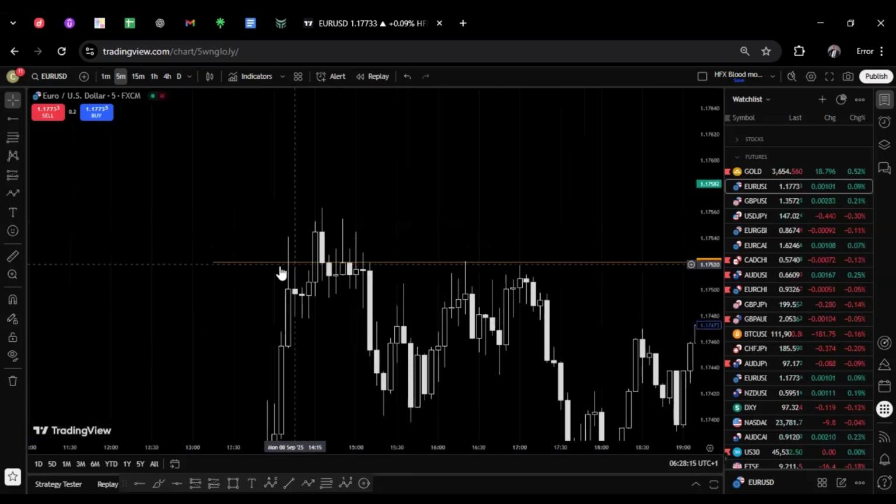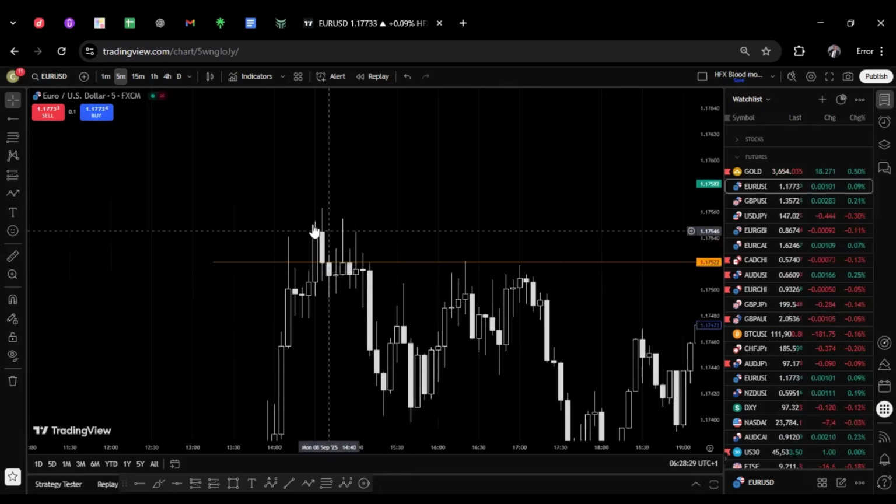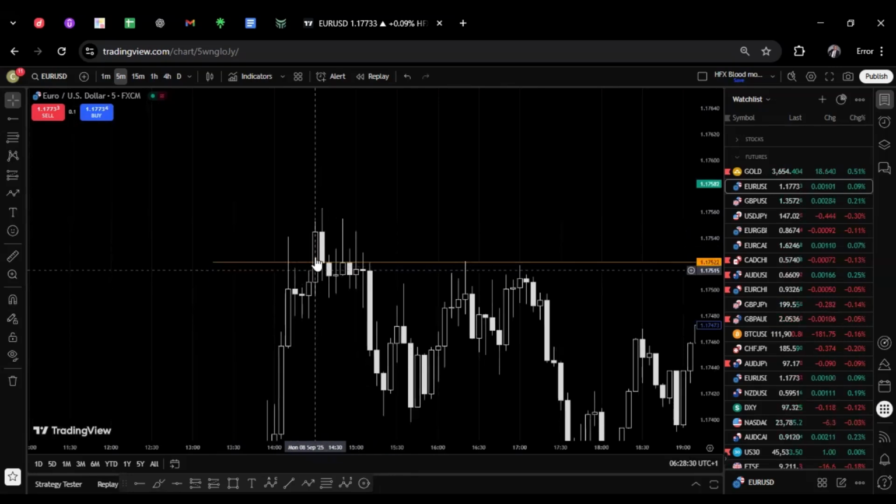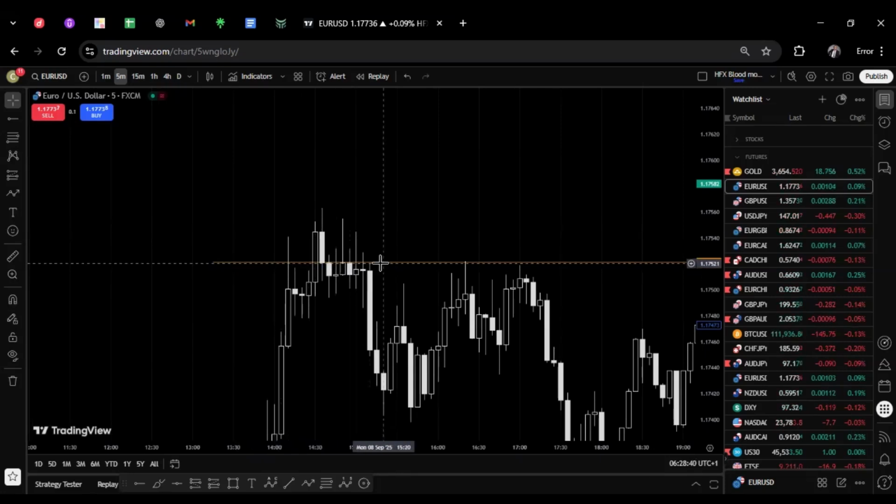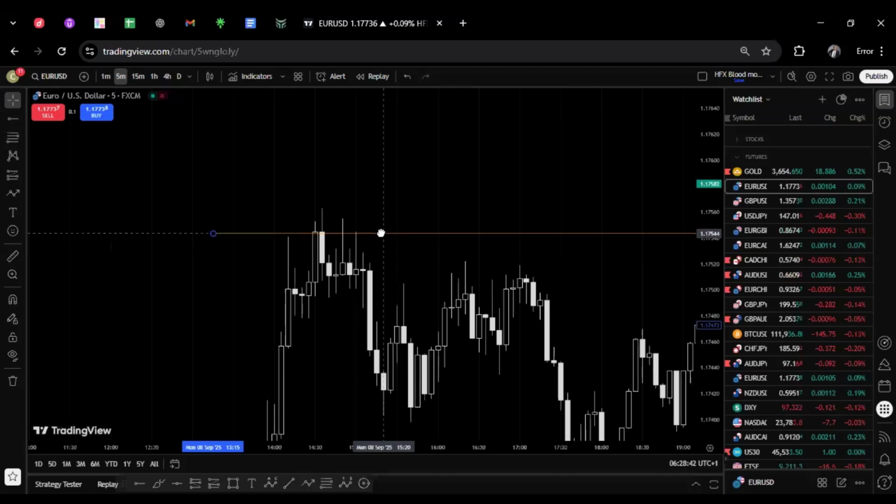At this particular point, we have first reaction, second, third, fourth, fifth, sixth, seventh, possibly 8. 8 reactions and 2 fake outs. What is a fake out? A candle closing above your supposed resistance or the supposed area of interest. So we have 2 fake outs here and 7 reactions.